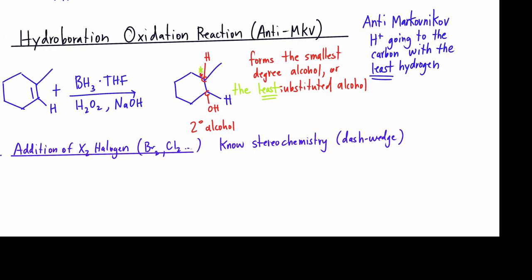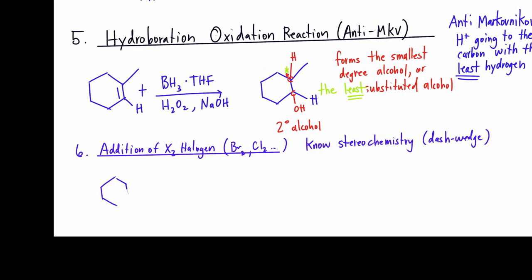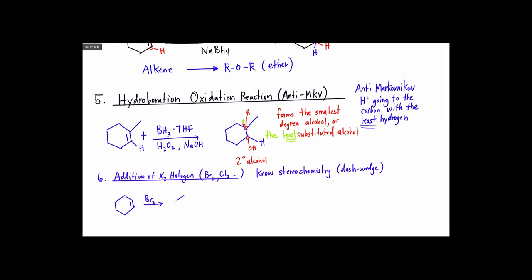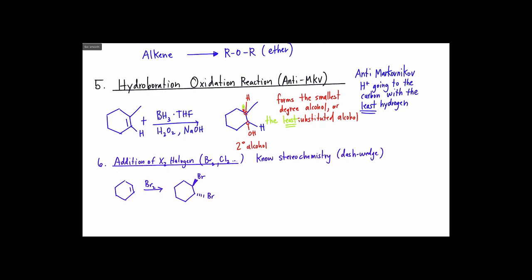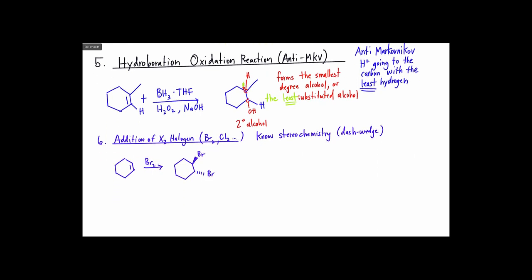So if we had cyclohexene and Br2, okay, you would have one Br projected one way and the other Br projected another way. So that would be a trans product. Okay. Now, let's do another reaction.